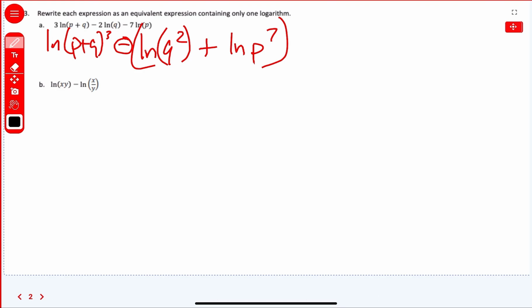That single log would now be ln (p plus q) cubed, nope, that's not cubed, that's squared, cubed over, because it's a negative, or we're subtracting it, so it's going to be in the denominator.